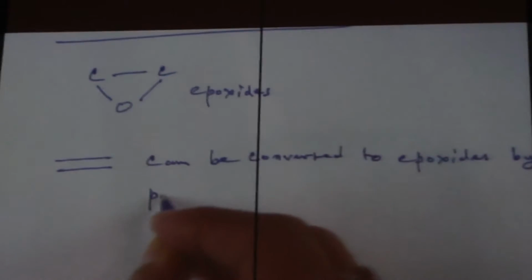So these are typically epoxides. And epoxides are relatively stable compounds, but they can participate in many reactions. That's why there is a lot of interest in them. The epoxidations are carried out with peroxyacid. So carbon-carbon double bonds can be converted to epoxides by peroxyacids.